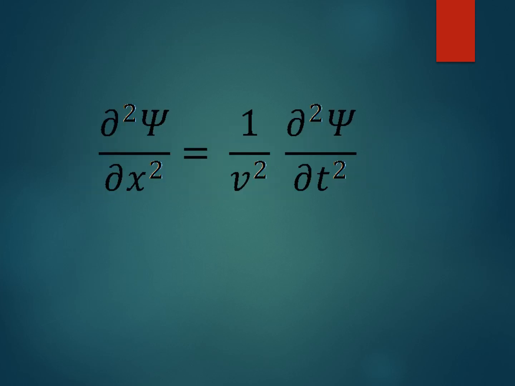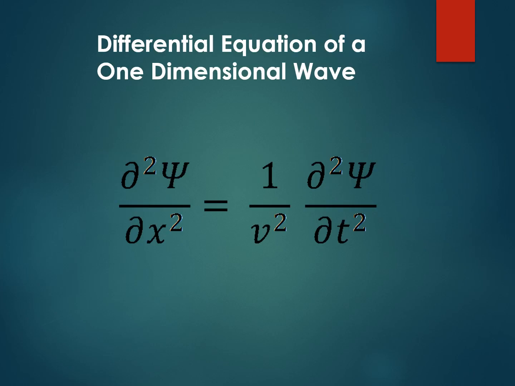Now this equation may not be familiar to you, and it is called the one-dimensional wave equation, or the differential equation of a one-dimensional wave. Please get familiar with this one-dimensional wave equation and try to learn it by heart. It is dou square psi by dou x square is equal to 1 by v square into dou square psi by dou t square. Here please note that it is 1 by v square, and it is not 1 by nu square.